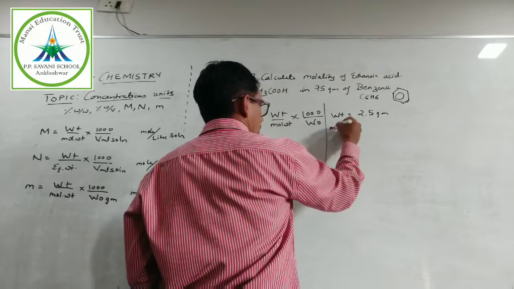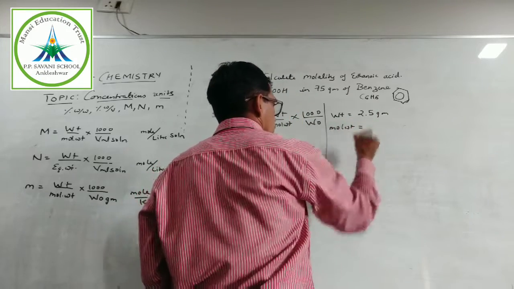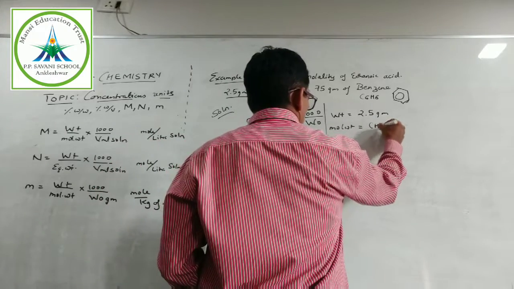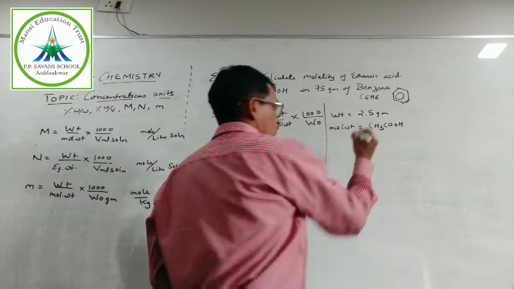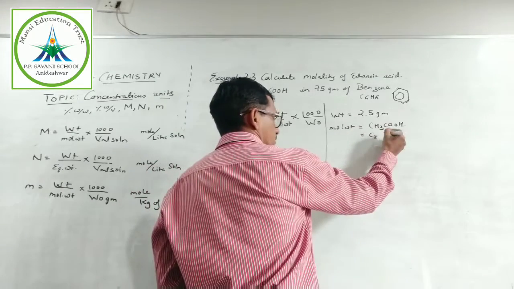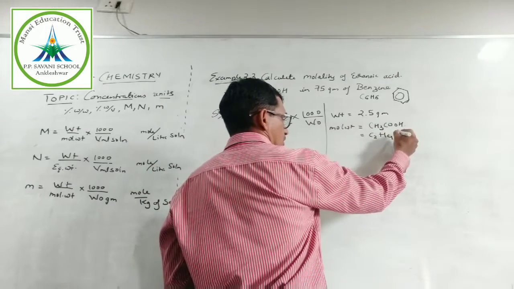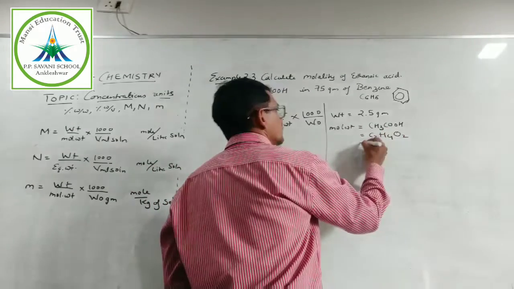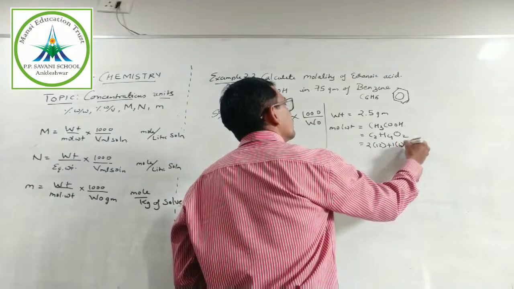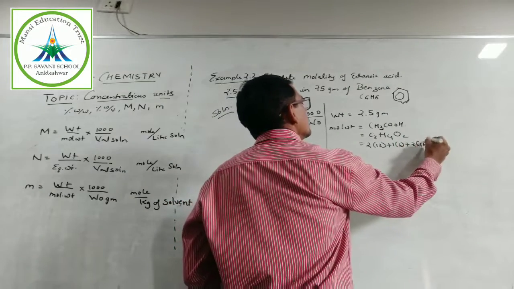Second is molecular weight of acetic acid, CH3COOH. If you write in terms of formula, carbon 2, hydrogen 4 and oxygen 2. So it is 2 into 12 plus 1 into 4 plus 2 into 16.